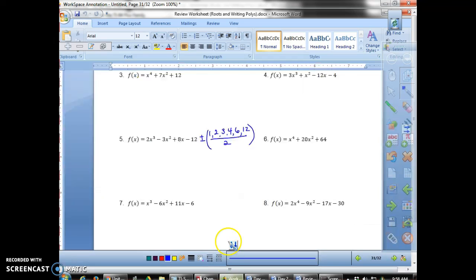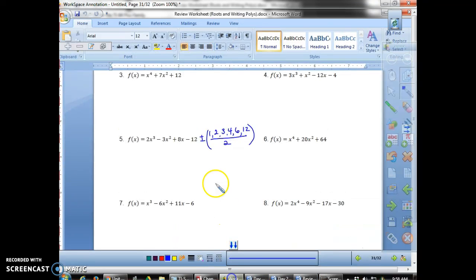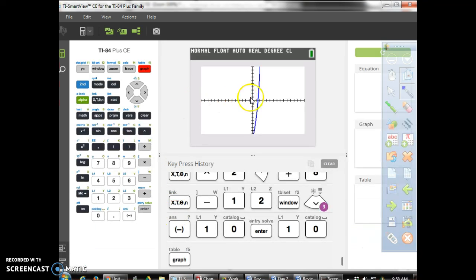Okay, when I go back here, I could have something as big as 12 or negative 12, but everything else should be smaller than that. So what is going on here? Okay, so on the graph, I have 1 root. Is there a root between 1 and 2, it's positive, that might work?